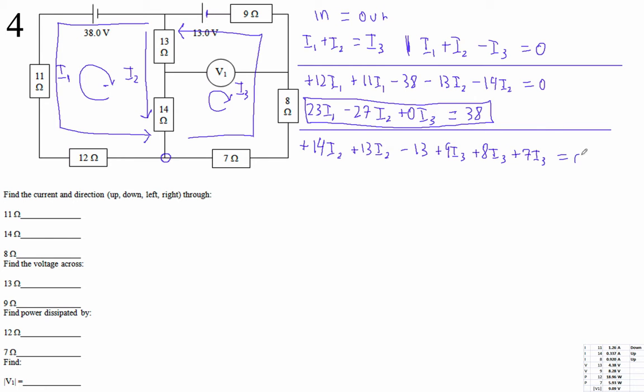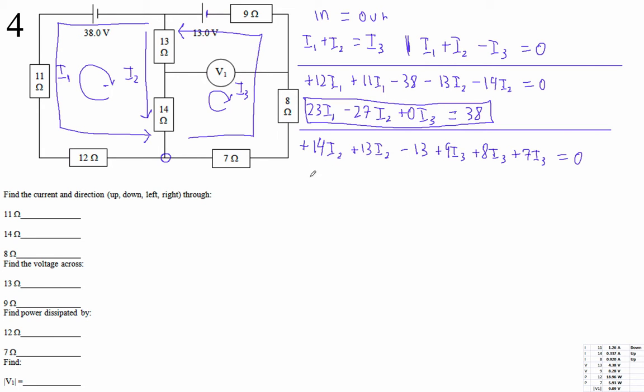And now we're back. Let's double check. Upstream 14, upstream 13, and those are both I2. The wrong way through the 13 volt. And then upstream on this one, 9, then 8, then 7 I3, and then we're back.